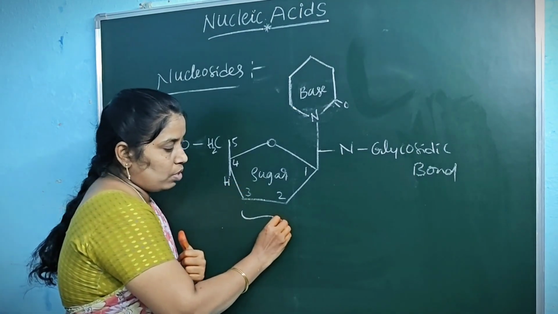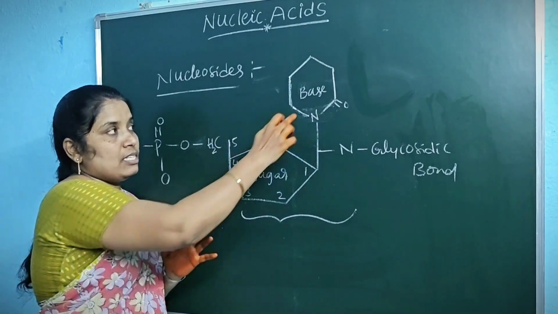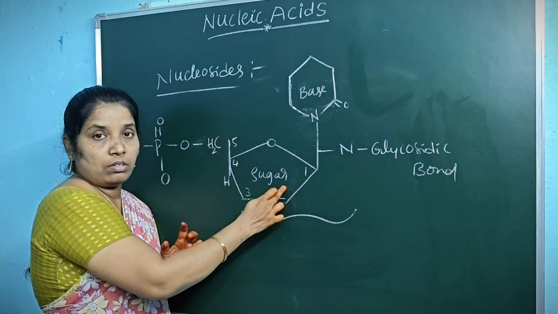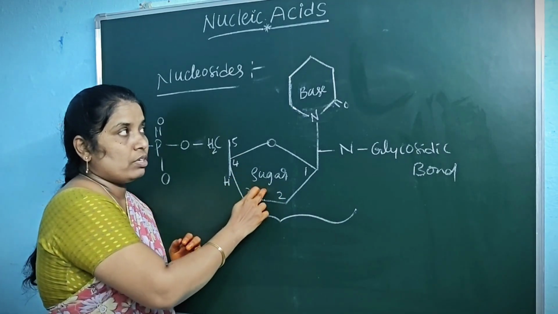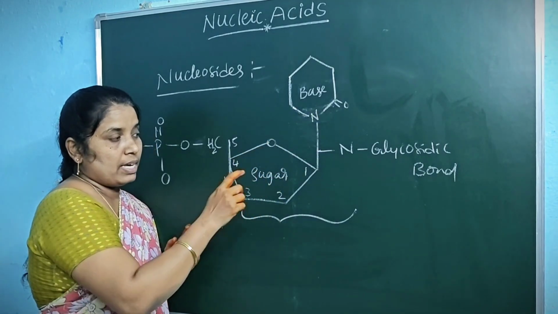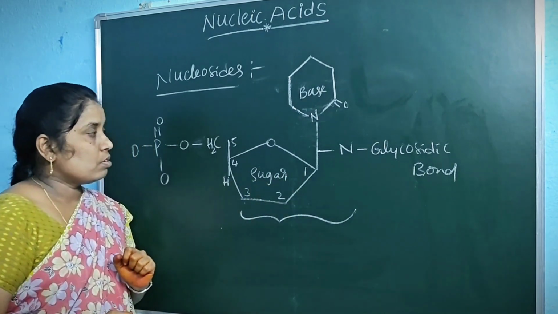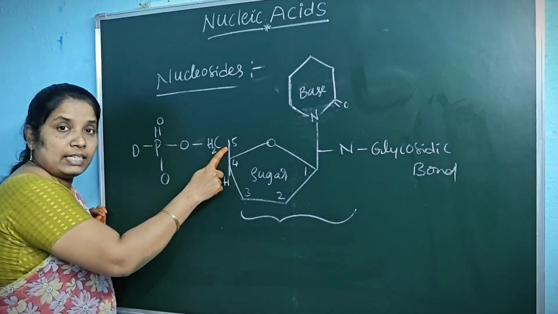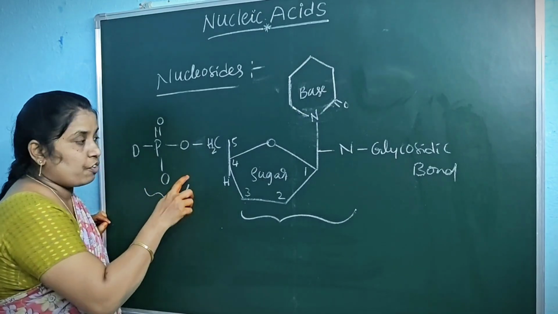So these two are called nucleoside. Base plus sugar, that is called nucleoside. So this is pentose sugar and this is the base. The base is attached to the sugar at the first position, you should remember. At the fifth position, it has a phosphoric acid group, a phosphate group.